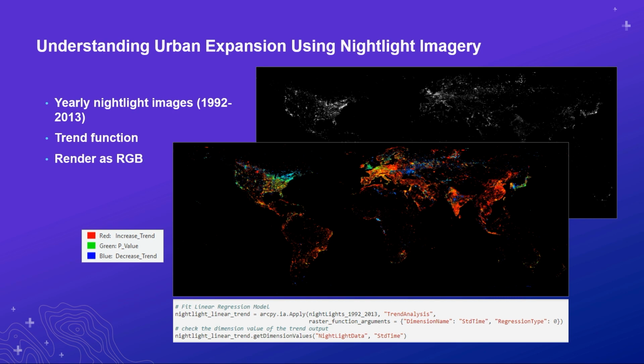So with this, we can see that urbanization and urban expansion happened globally, increasing greatly in the eastern countries, while relatively slowly in the western countries. So this is the whole presentation we have for today, and thank you for watching.